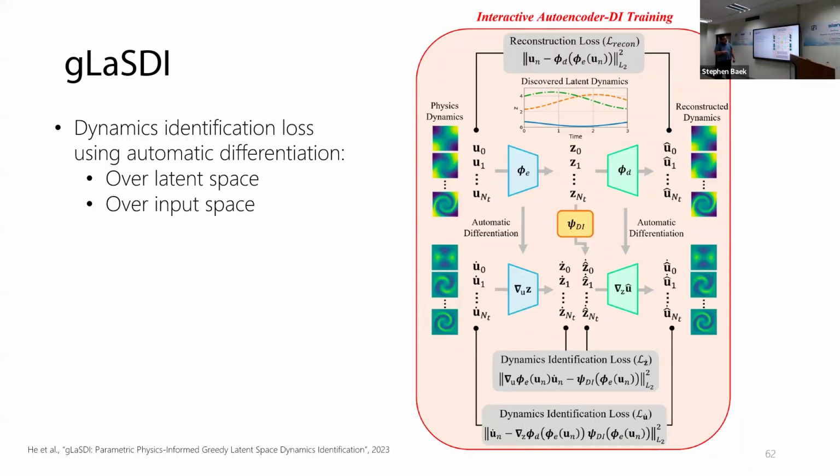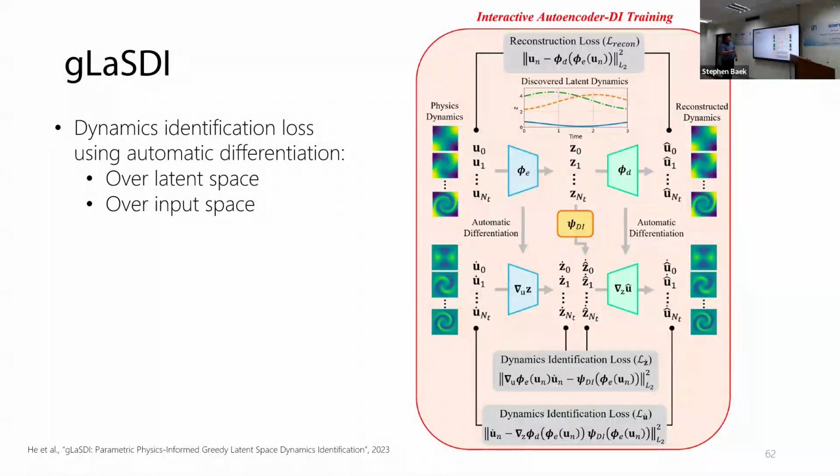But then there's this dynamics identification loss term, where the z dot computed by the Jacobian of the encoder gets compared against the z dots predicted by the dynamics model from the previous z values.